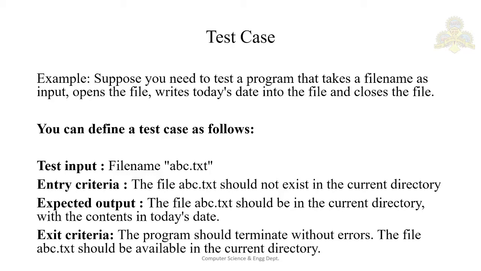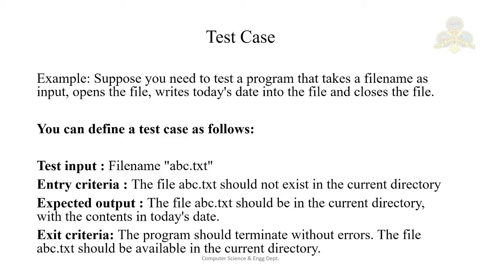So what is the test input for your program? It should be a file name, abc.txt. Then what are you expecting out of this program? You are expecting that the file abc.txt should be present in the directory, it has to be opened and have today's date written into it, and then the file has to be closed.